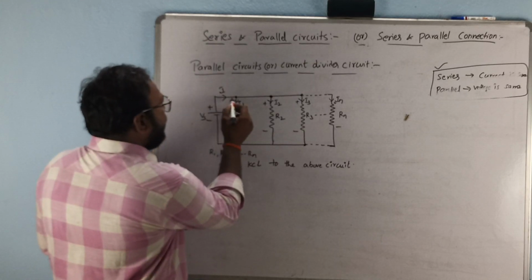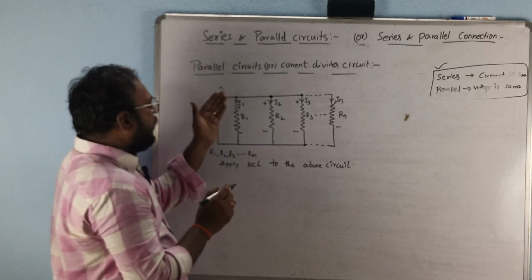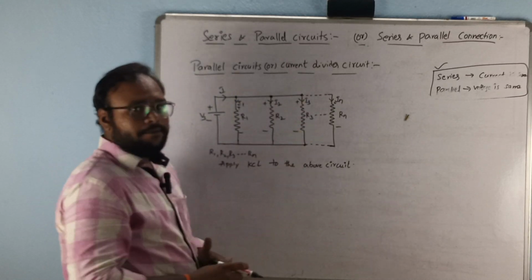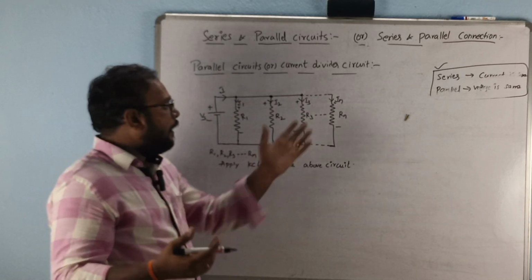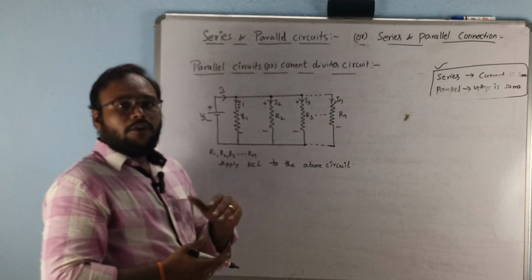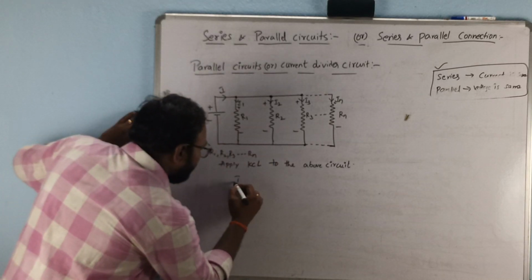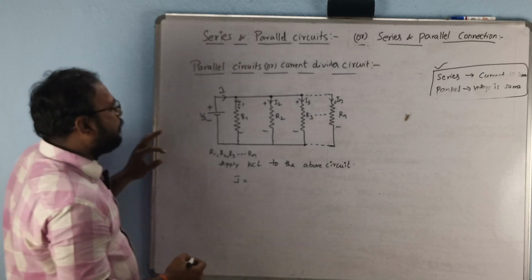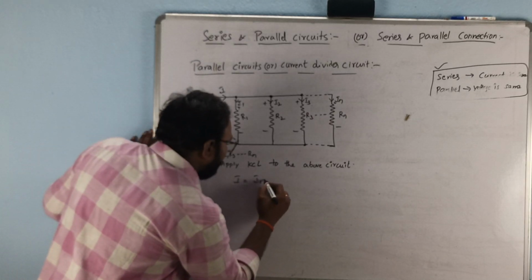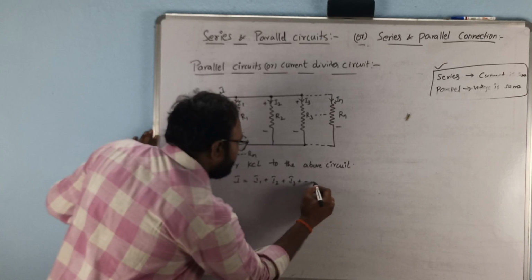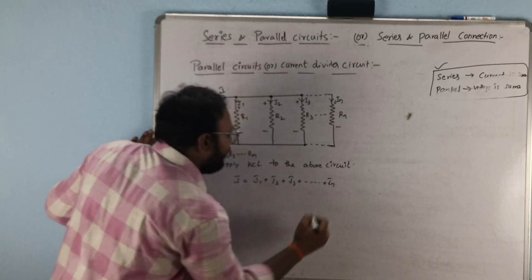Current entering this node is I and current leaving from this node is I1, I2, I3, and IN also. So we apply KCL. From that, the sum of the currents entering at a node, I, is equal to I1 plus I2 plus I3 and so on plus IN.